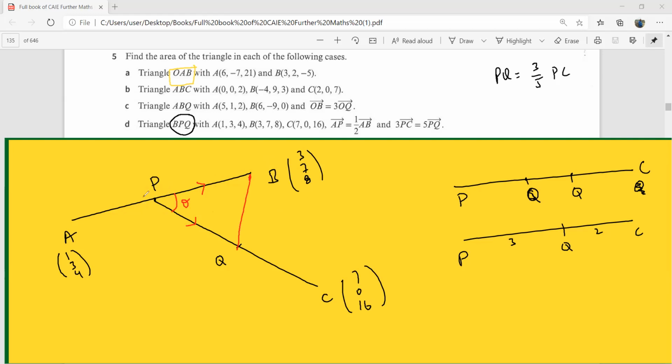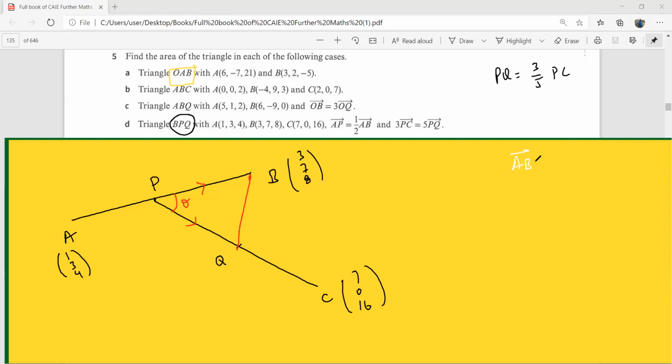Now, P is the midpoint, as it says that AP is half of AB, so let's find AB first. AB is going to be 3 minus 1, it is 2; 7 minus 3, it is 4; 8 minus 4, it is 4. So this AP is 1, 2, 2, and this PB is also 1, 2, 2.